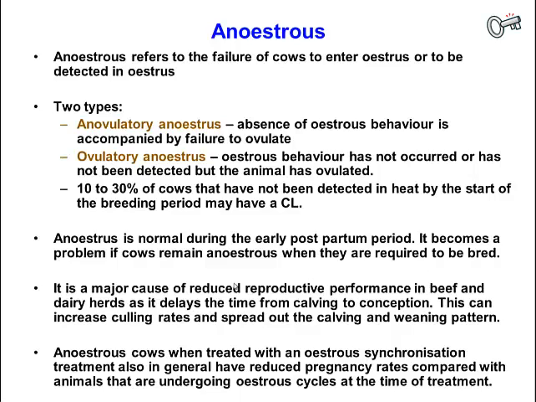So statistically, a higher percentage of those will be non-pregnant at the end of the breeding season. And so these animals in some herds, like beef herds or some dairy herds, will be culled at the end of the year because they're not pregnant.